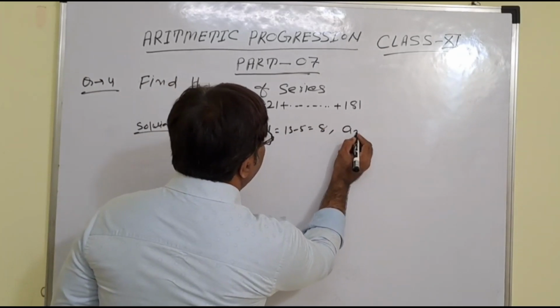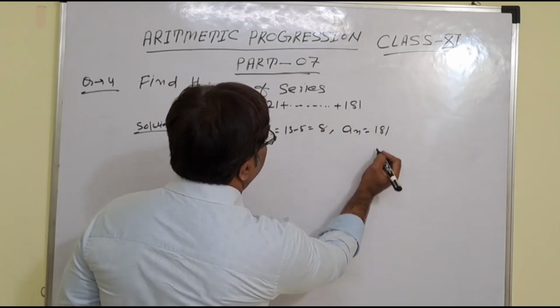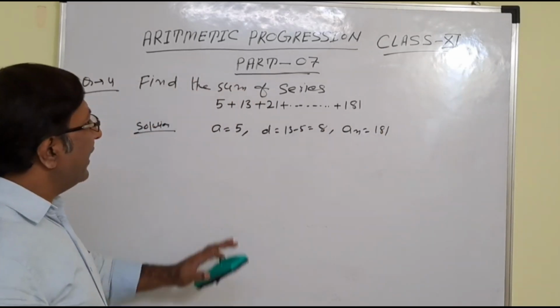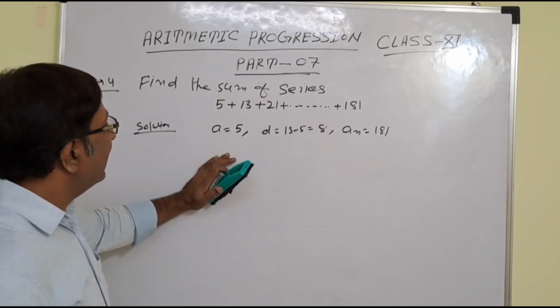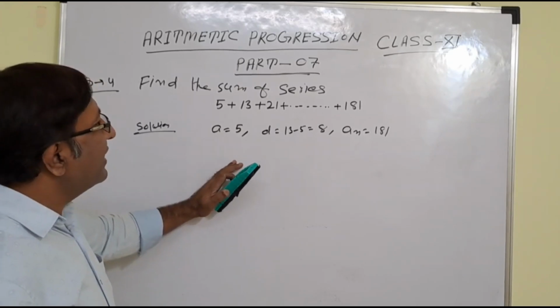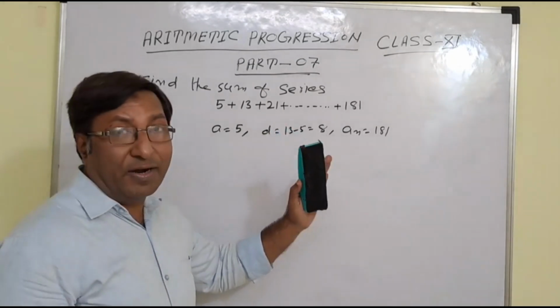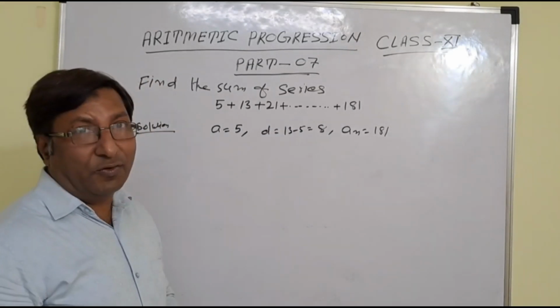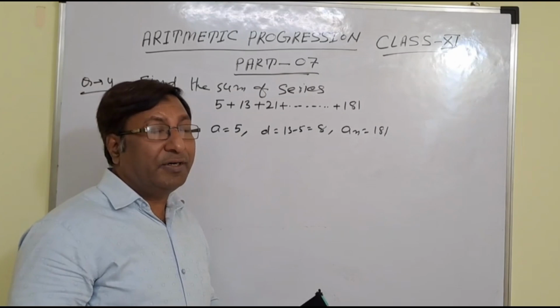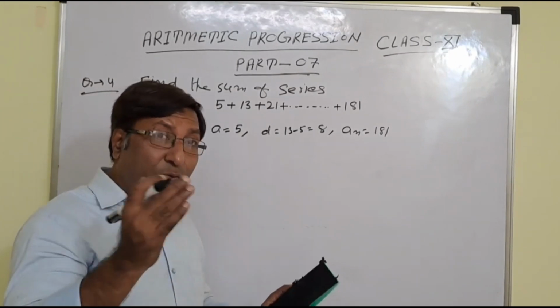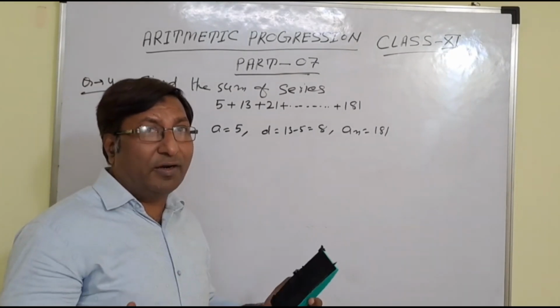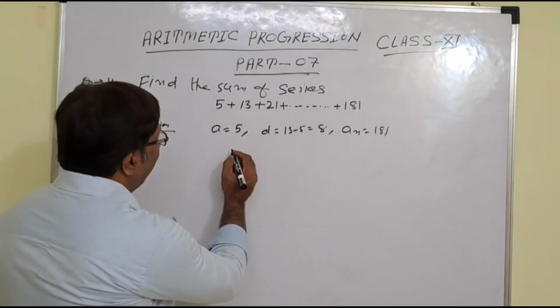And the last term an is given as 181. If a series is given with the first term and last term, but the total number of terms is not given, we first have to find the total number of terms, because both formulas need the total number of terms. So first we find n.